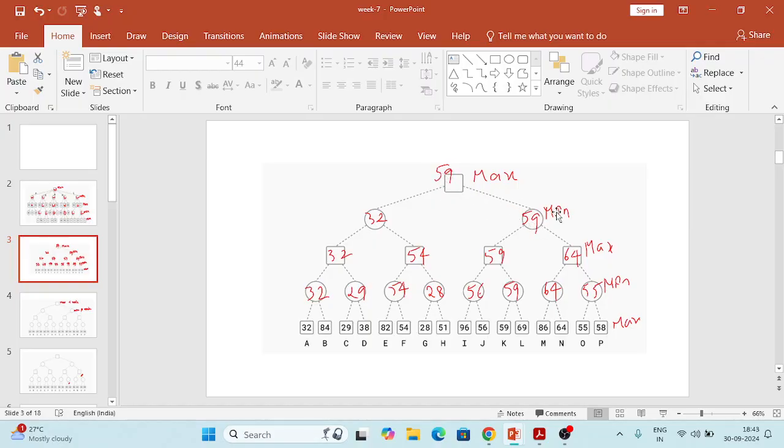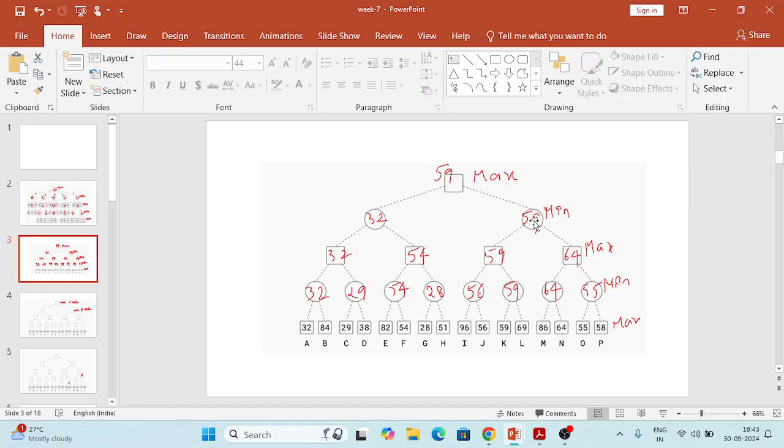Where this 59 comes from, here, and where this 59 comes from, here. So what are the nodes connected to these values? K, L. Okay, so K, L are horizon nodes.